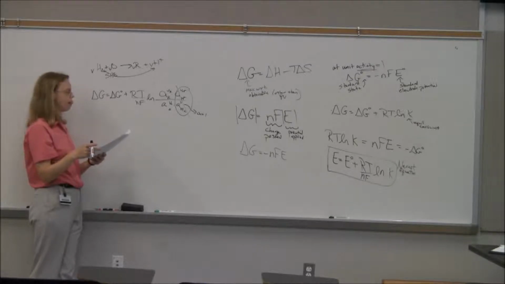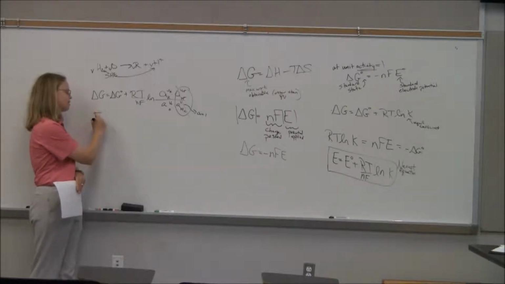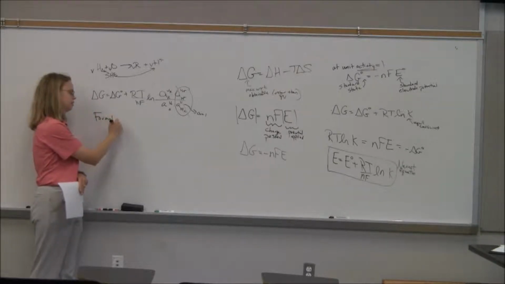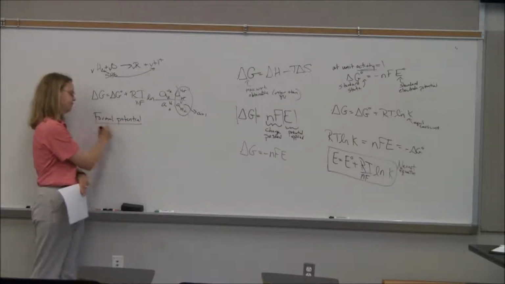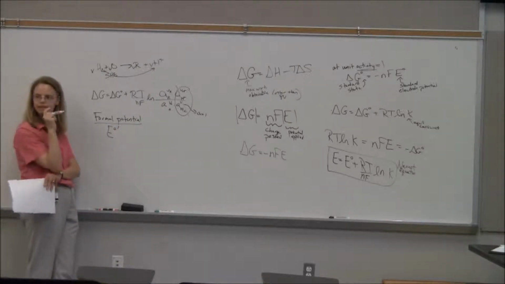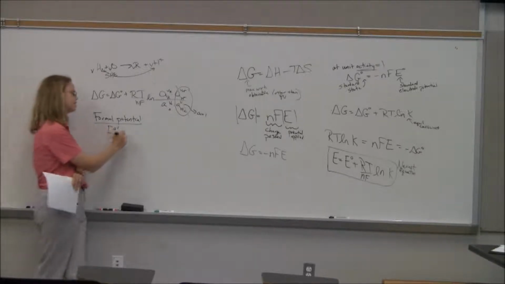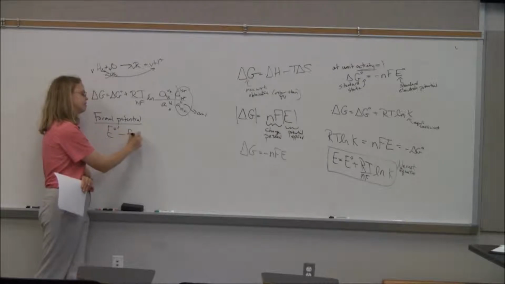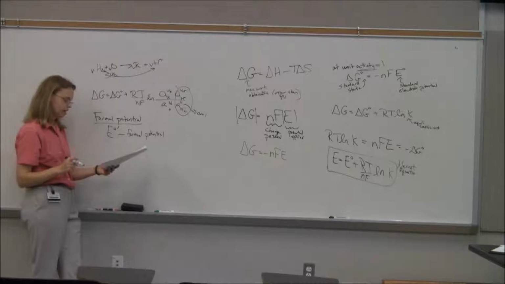So instead, they've come up with a concept of formal potential. Formal potential has that little slash, so you see E0 with an apostrophe or slash after it. That's not the standard potential. That's the formal potential.